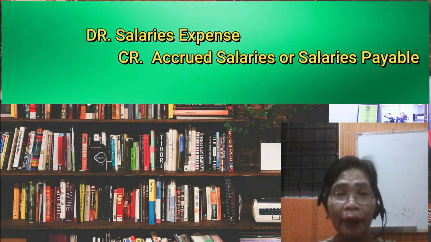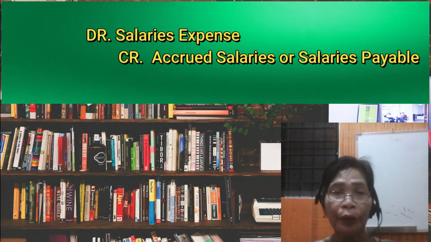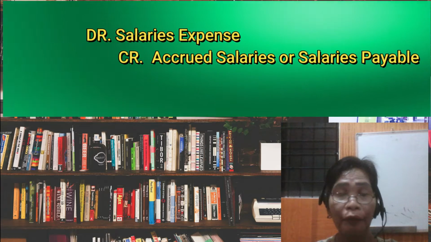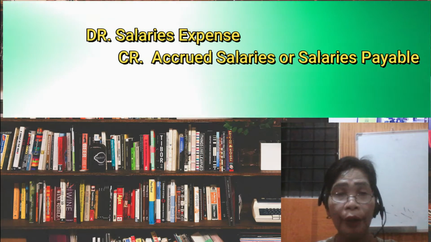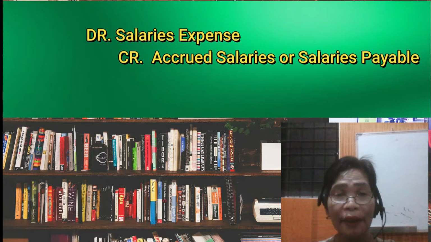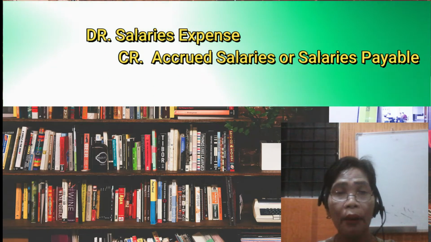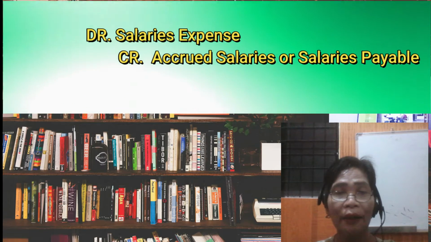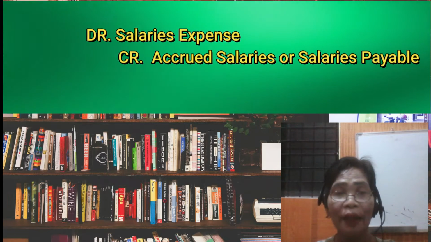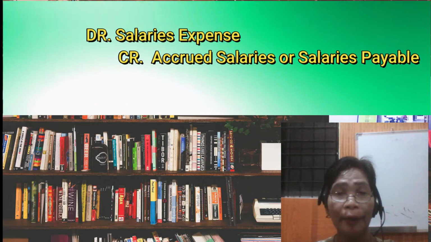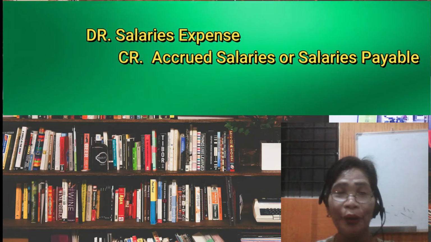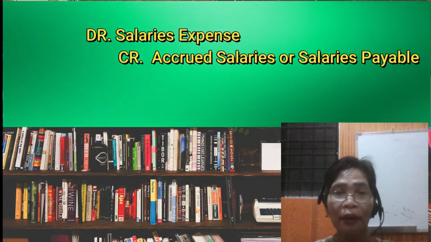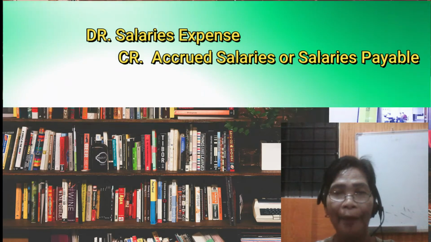For the account titles, for the debit, of course, we're going to debit the expense, salaries and wages expense. But for the credit, for the payables, you may use accrued salaries or salaries payable. That will be acceptable, either of the two. So do not be confused about that. Accrued salaries or salaries payable.